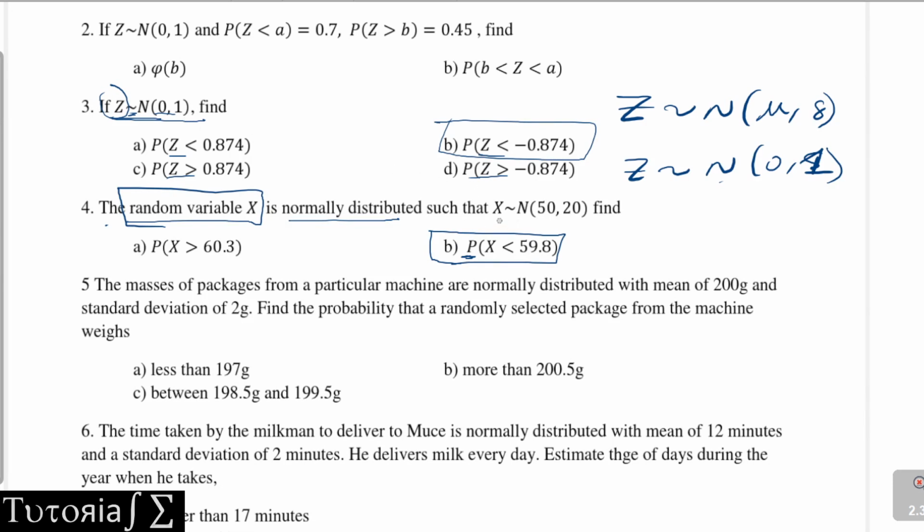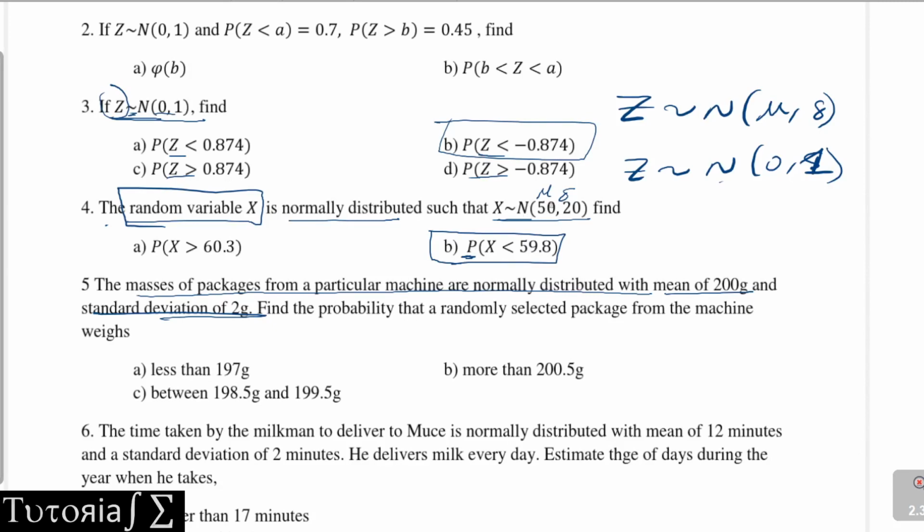When it comes to random variables that are normally distributed, the first value represents the mean and the second value represents the standard deviation. Sometimes they won't give you the mean and the standard deviation right out, but you can get them from this formula. In the question you'll be told, for example, the masses of packaged items with a mean of that and a standard deviation of that. But sometimes you'll not be told, it will just be written like this. The same applies with these values here.